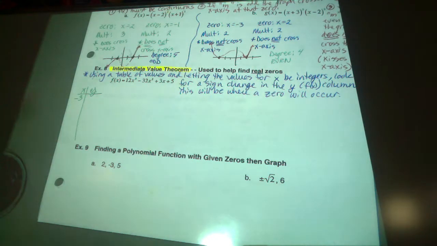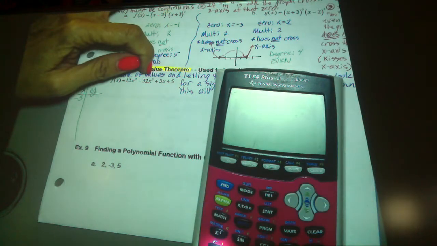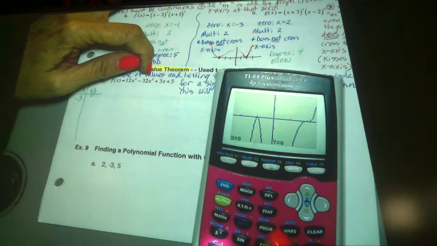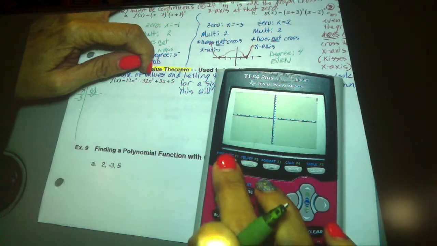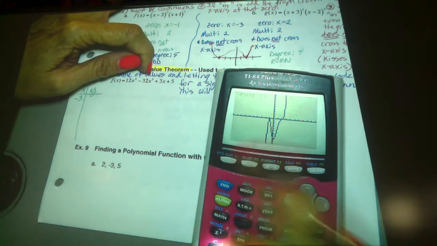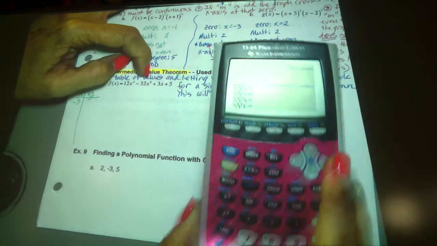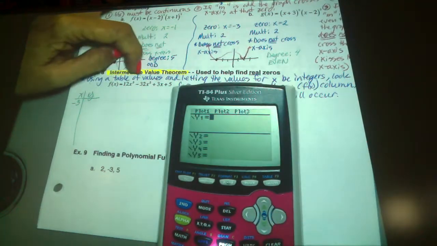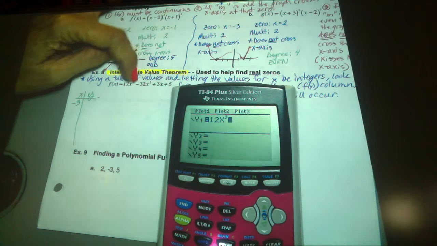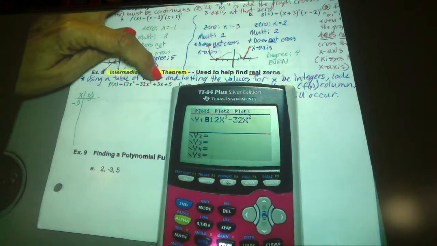Like if I were to just plug this in to my calculator, 12x cubed minus 32x squared plus 3x plus 5, I would have a starting place because I'd be able to see exactly where it's crossing the x-axis.